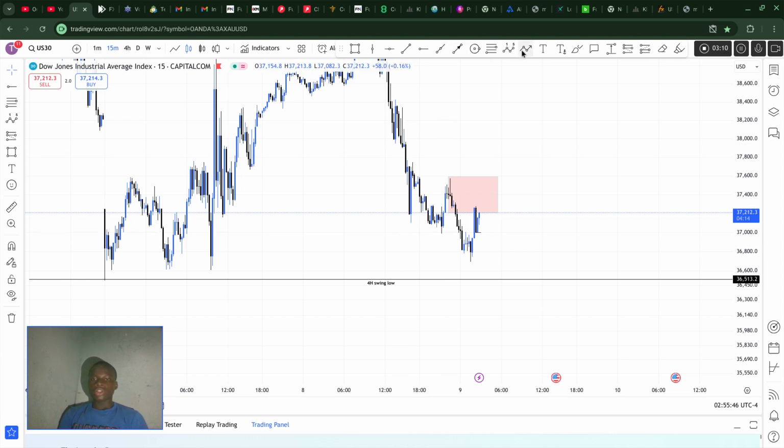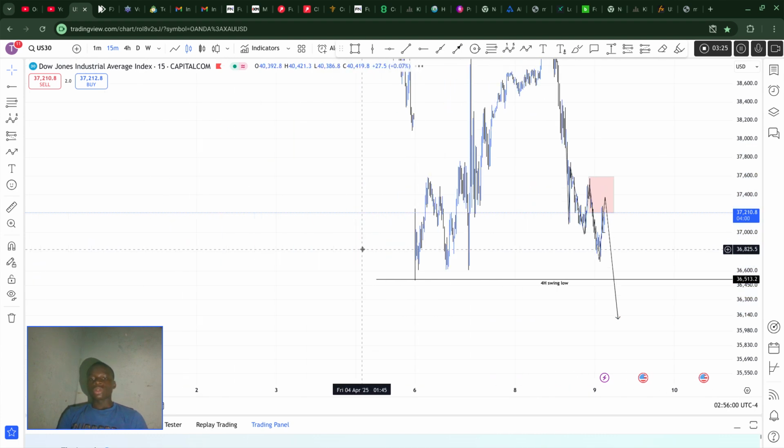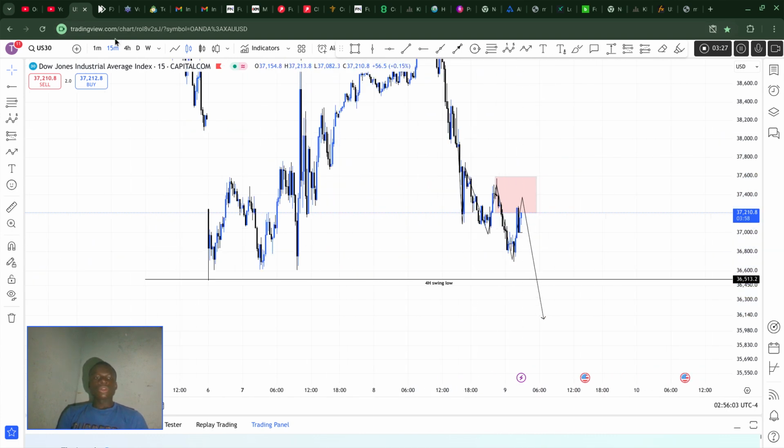Because of the bigger structure, it's going to pullback, bigger structure, pullback, bigger structure. So pullback here, we expect bigger structure downside. That's what we're probably looking for. So we go to one time frame.